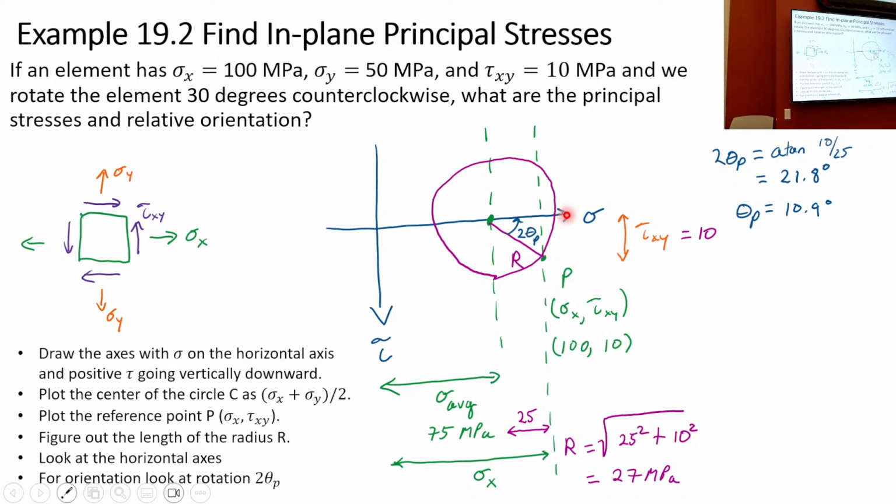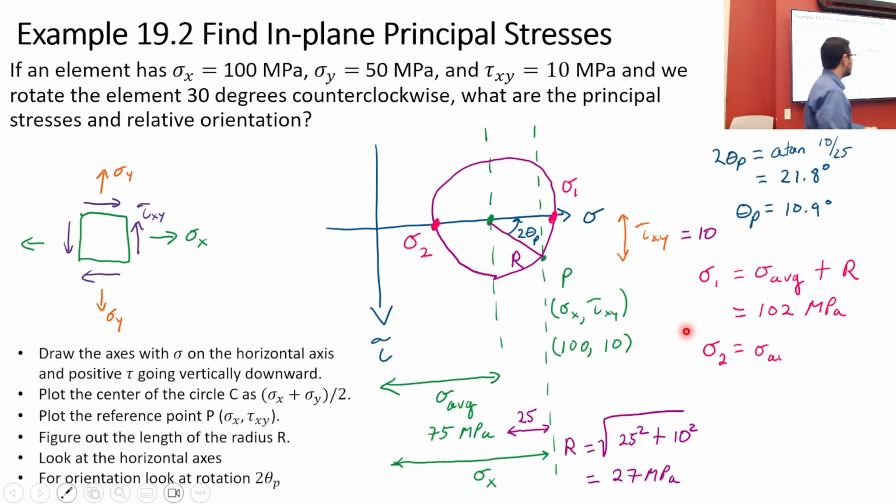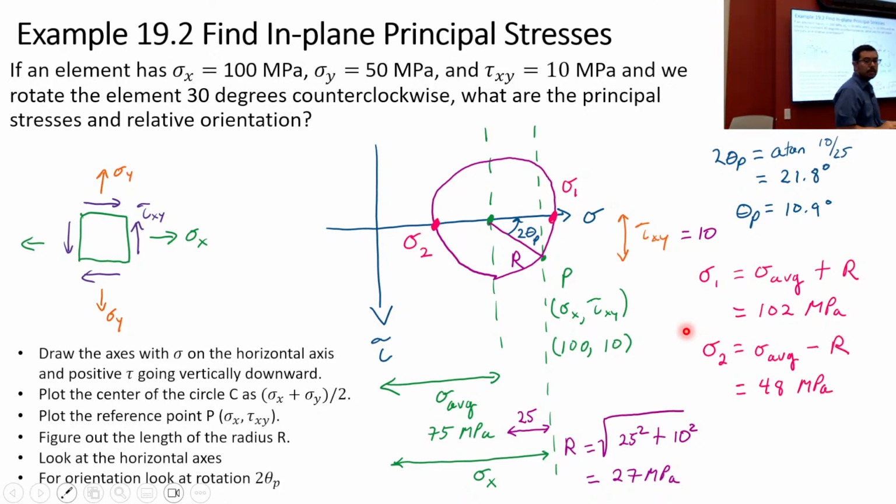To figure it out on an element, we have to divide that by 2, because there's a factor of 2 between the rotation of an element and the rotation of Mohr circle. And as we discussed, sigma 1 is sigma average plus r, and sigma 2 is sigma average minus r. Okay.